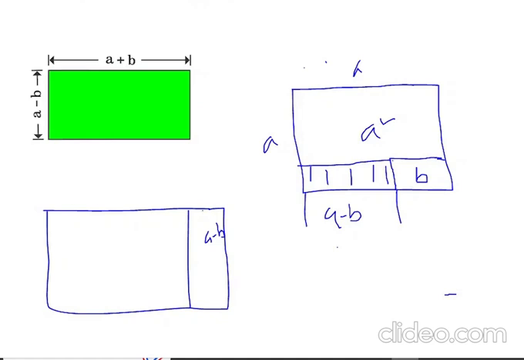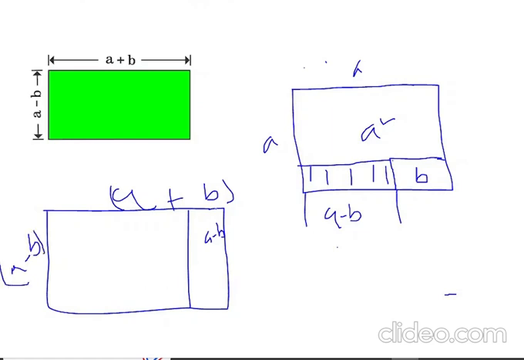Here this was a. Now it will be added with b. This is a plus b, and this is also a minus b. This length measurement will be a minus b, and it will also be a minus b.